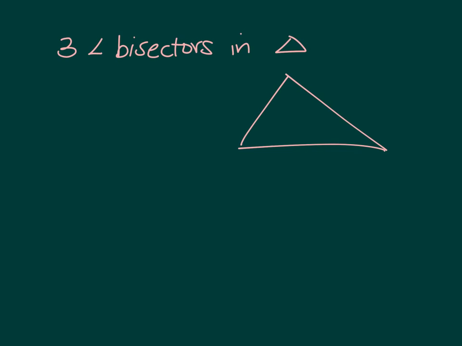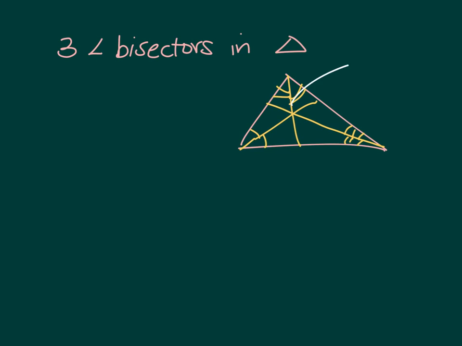Okay, and then just like the perpendicular bisectors, there are three angle bisectors in a triangle. So if I had a triangle, one would be about here, here, and here.